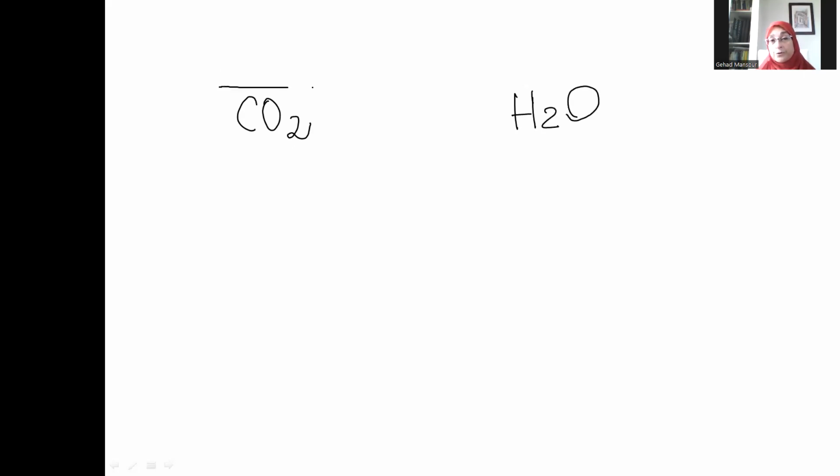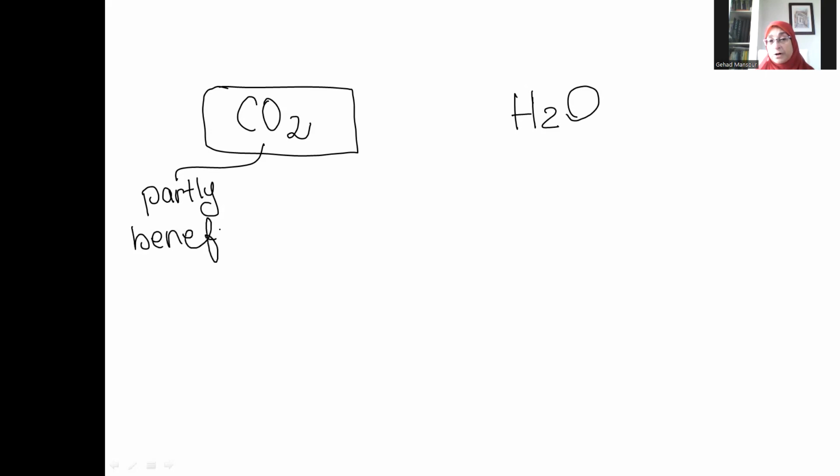We said before that carbon dioxide is mostly harmful, but a small part of it is beneficial to the body. It is partly beneficial because it can be recycled or reused to form bicarbonate, like for example, the sodium bicarbonate that is present in saliva.